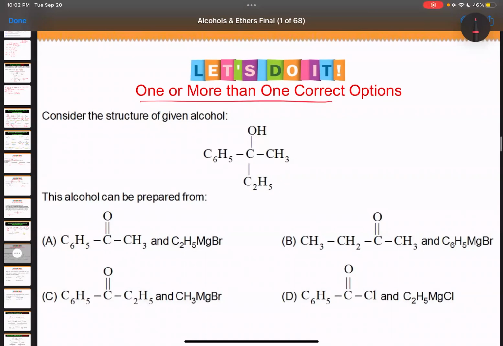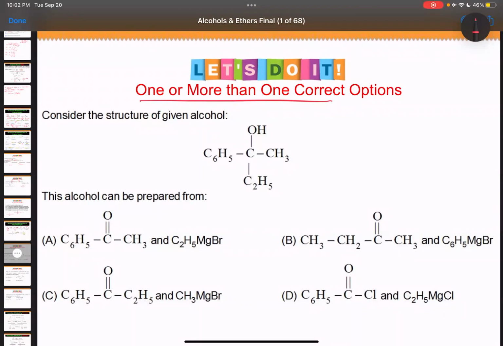Yeah. I can tell you this Grignard can be this. This is a tertiary alcohol, and a tertiary alcohol can be prepared by taking a ketone and a Grignard. Now you can tell me how it is going to form.